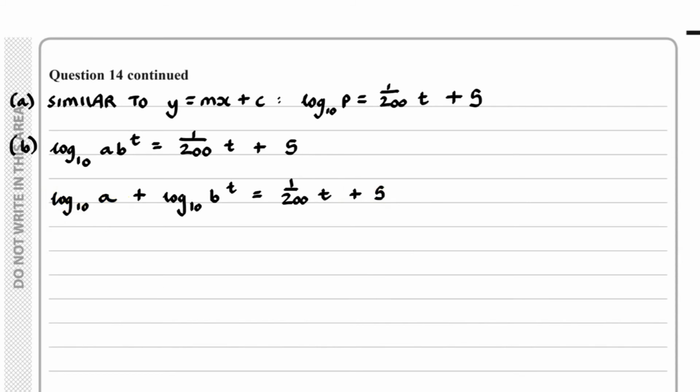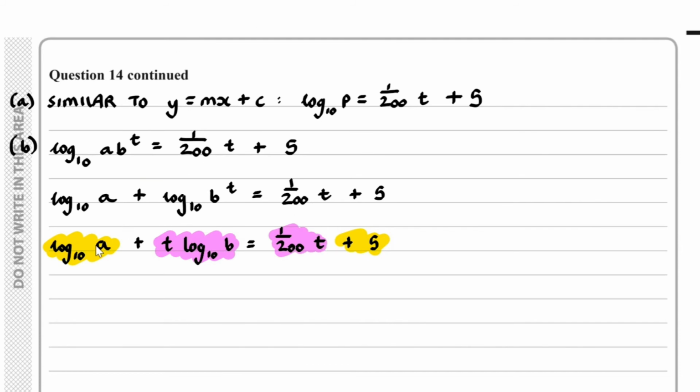Well, perhaps it will make more sense if I use the power law. I've got log base 10 of A plus t log base 10 of B equals 1 over 200 t plus 5. And now you can compare the constant terms. You can also compare the t terms.